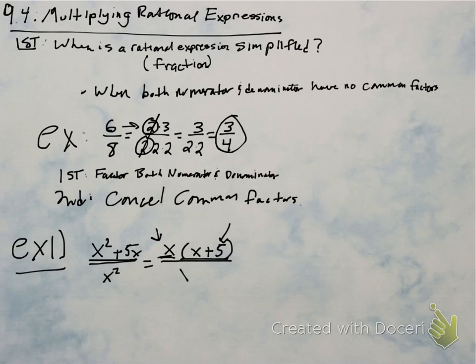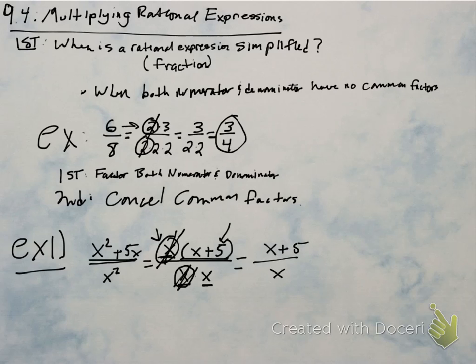In the denominator, x squared is really x times x. Notice how these x's are common factors, so we can cancel them out, and that leaves us with x plus 5 over x.